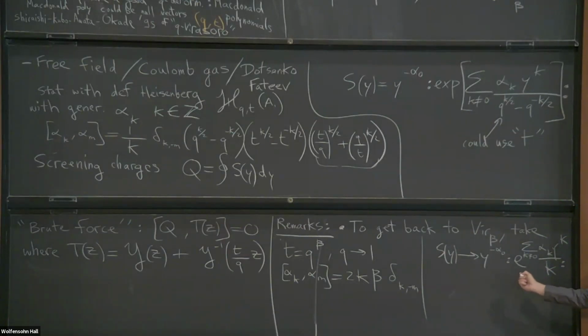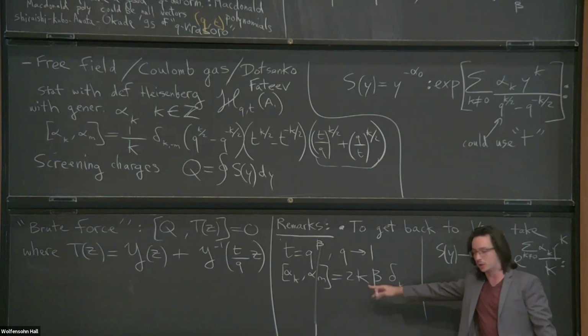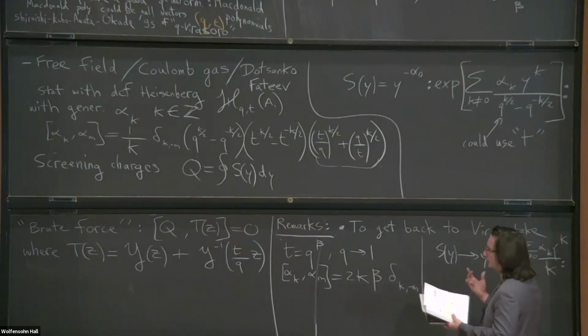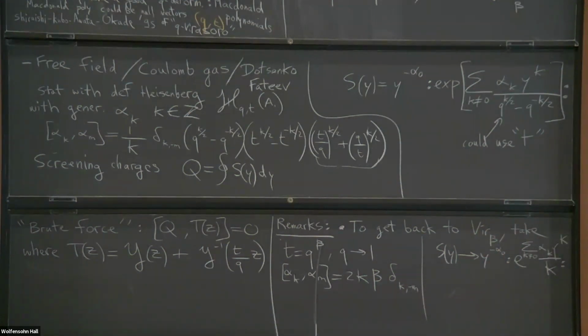This is just literally the mode expansion of the free boson in 2 dimensions, and this is how you construct the screening charges. These are the usual screening charges, at least one set of the screening charges of Virasoro, with the Heisenberg algebra modes that these free boson modes should satisfy. So we're in good shape, in the sense that it looks like it satisfies the axioms of what I want from a q-deformation.